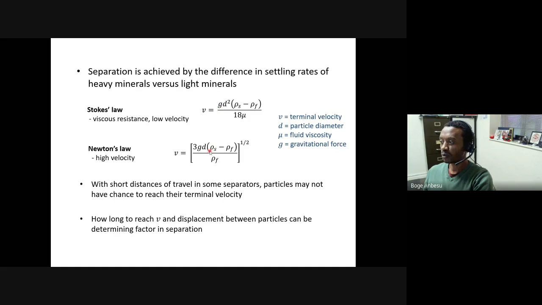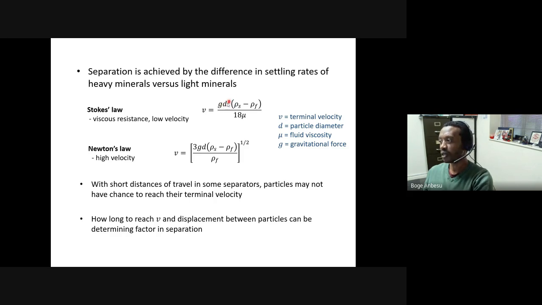But obviously those two relationships are different. Okay, so for example, in the Stokes case, particle size has a lot of impact on settling. So if there's some change in size between the particles, that will have a very significant influence on the terminal velocity, as shown by this equation here.